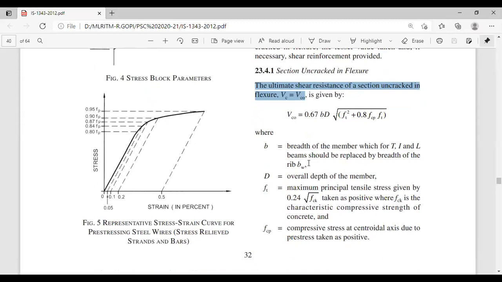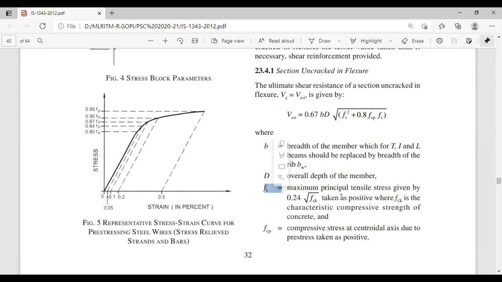For a rectangular section, you can directly take the breadth. But in case of a T beam, you have to take the breadth of the web. Next, capital D is the overall depth of the member, not effective depth. Small d is effective depth, but capital D is overall depth.